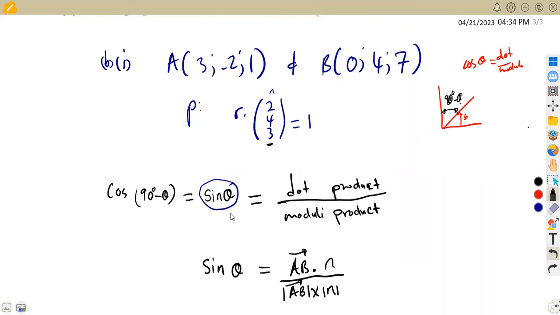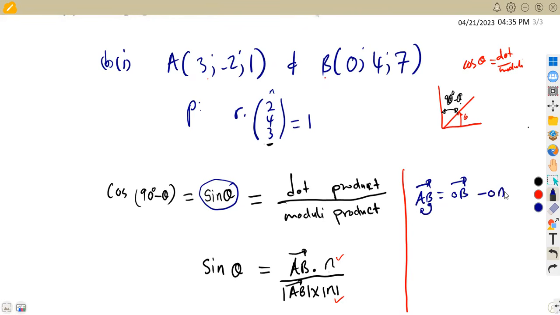So what does it mean? We are going to refer back to the points A and B to determine the vector AB, because we have this n from the plane, but AB we do not have. We are supposed to calculate it from the points that we are given. Remember that from 2 points, we can determine the vector AB, which is OB minus OA. That's the last minus the first.